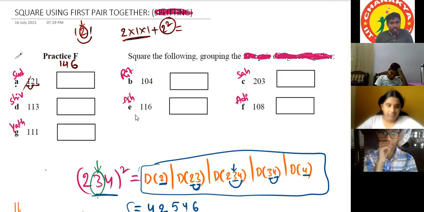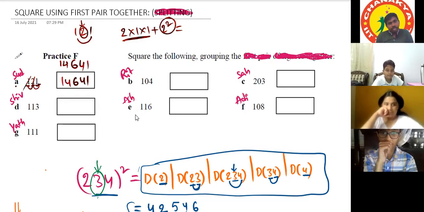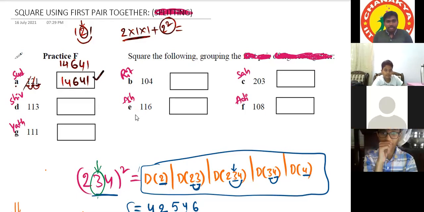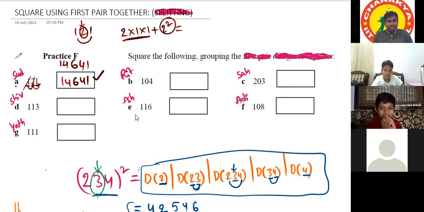Duplex of 21 is 2 into 1, 4. And last, the duplex of 1 is 1. So the answer is 14641. And you don't have any carry here, that's why your answer is final. Reverse also it's 14641.